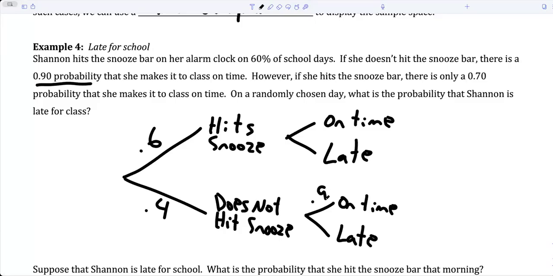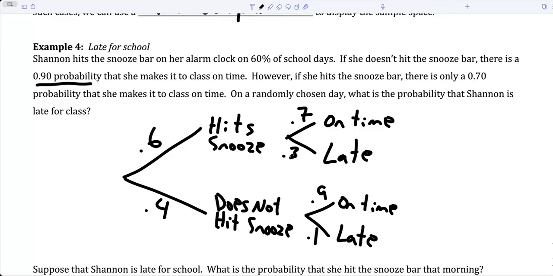This right here is 0.9, meaning that this has to be 0.1. Complement. And if she hits the snooze bar, there's only a 70% probability that she makes it to class on time. So this is 0.7. And so this would be 0.3.